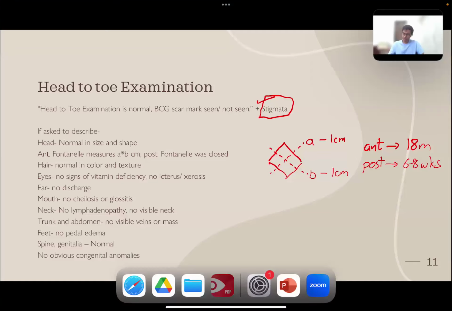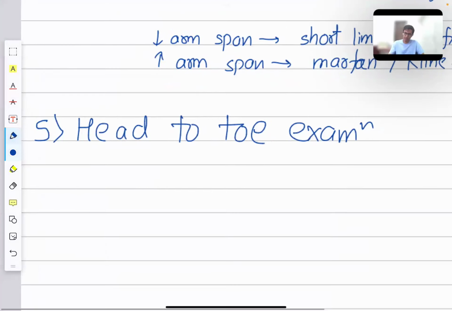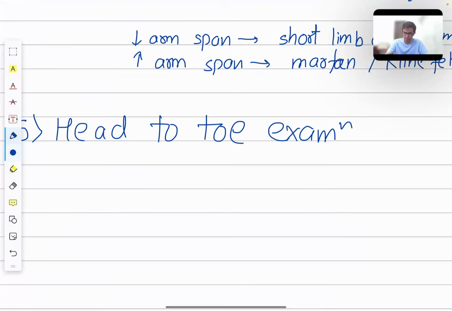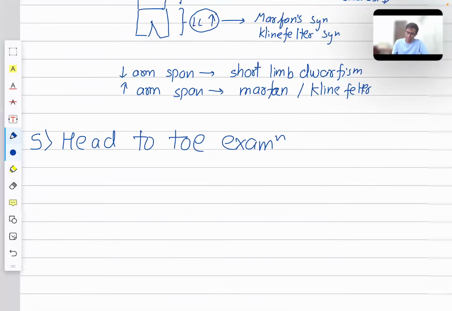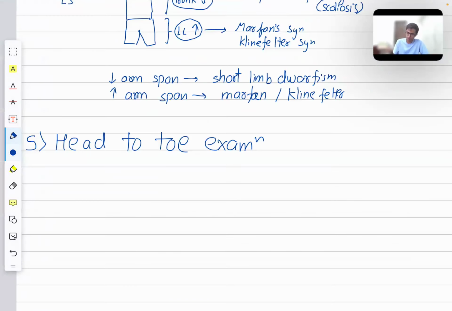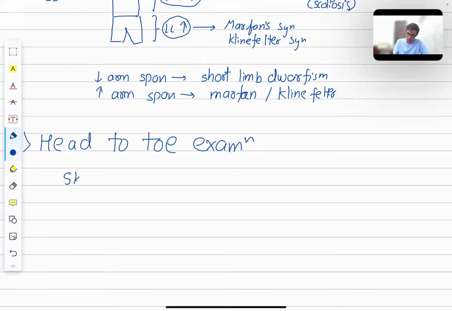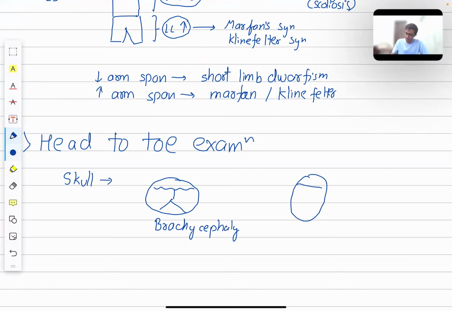Now, let us discuss some of the abnormalities that you can expect in your head to toe examination. First of all, beginning with the shape of the skull. A skull with reduced AP diameter will be called brachycephaly, whereas a skull with increased AP diameter will be called dolichocephaly.